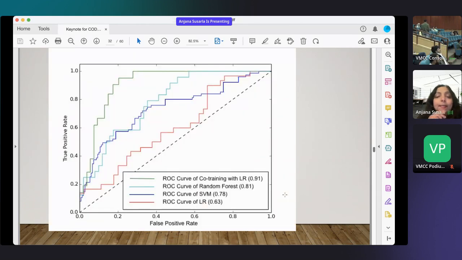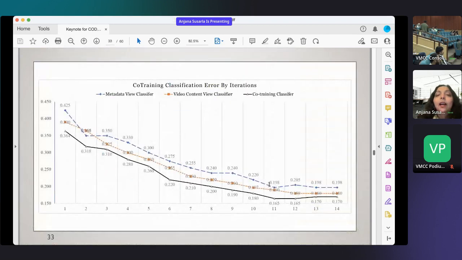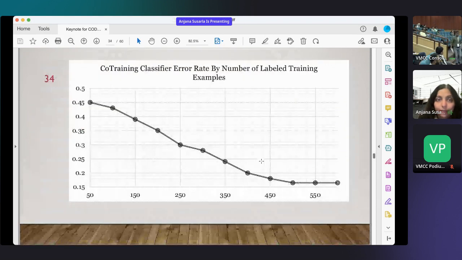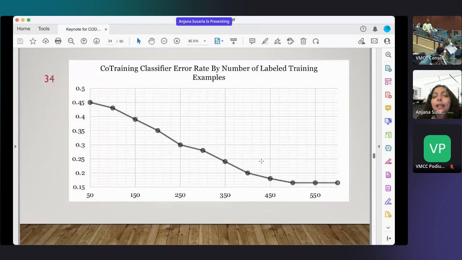So, these are the training ROC curves of co-training with logistic regression and different methods. What we have to pay very close attention to is the classification error by the number of iterations. How many iterations does the algorithm have to work with? Also, can I look at my error rate with the number of labeled training examples?